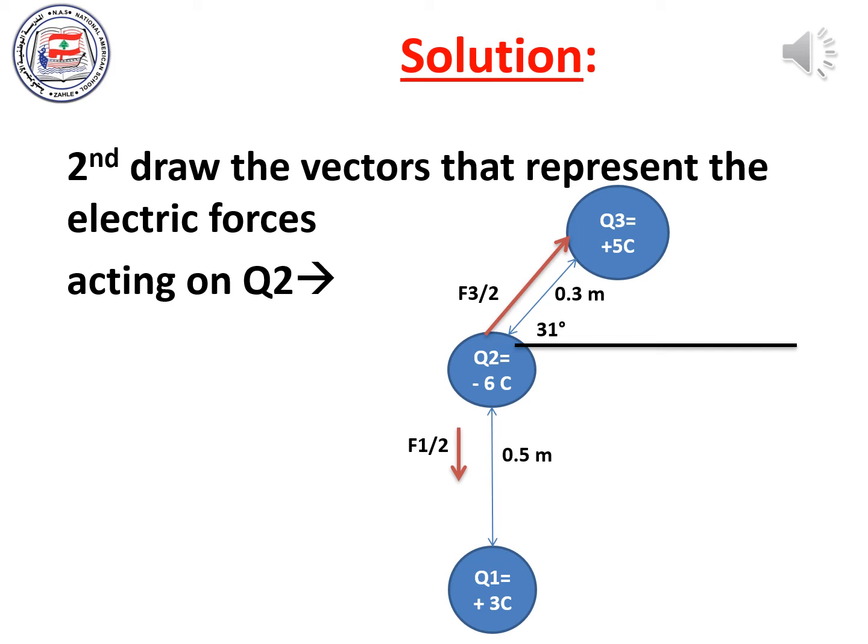In addition, the force of charge 3 on charge 2 is greater in magnitude than that of charge 1 on charge 2, as we already saw in the answers that we calculated in the first step, and also because the distance between charge 3 and charge 2 is smaller, and the magnitude of charge 3 is bigger than charge 1. So the electric force exerted by charge 3 on charge 2 is bigger in magnitude than the force exerted by charge 1 on charge 2.